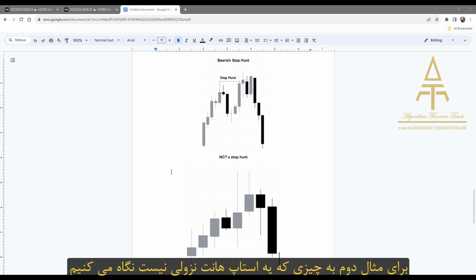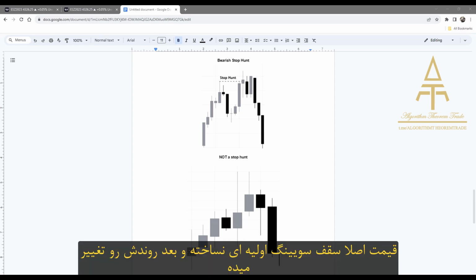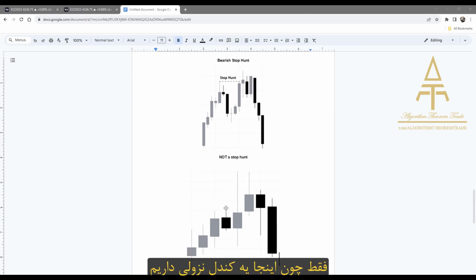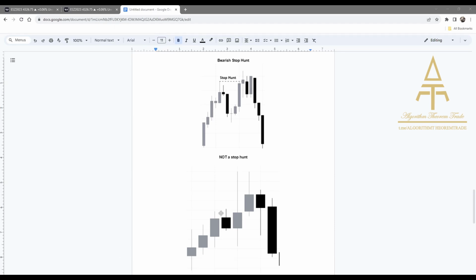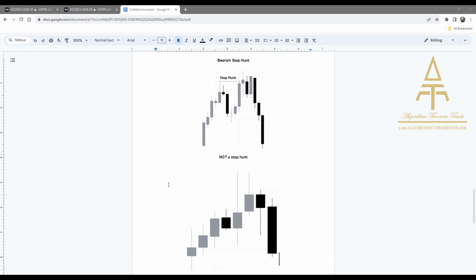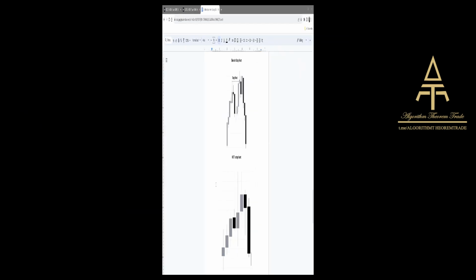Now for the second example, we are looking at what is not a bearish stop hunt. Price never creates an initial swing high and then changes direction. Just because there is a down closed candle here does not mean it is a bearish stop hunt. There was no initial swing high that was created and price never ran through an initial swing high.